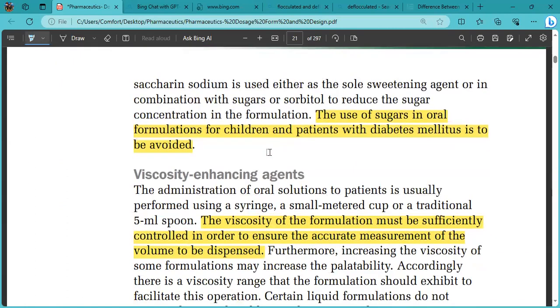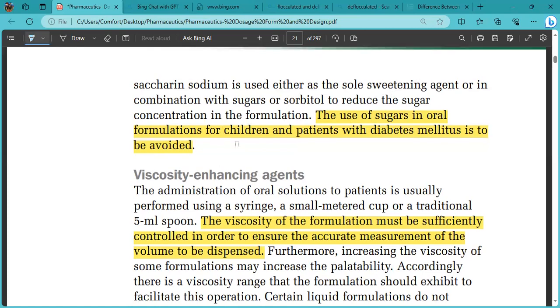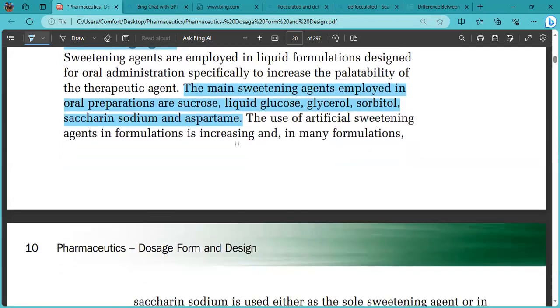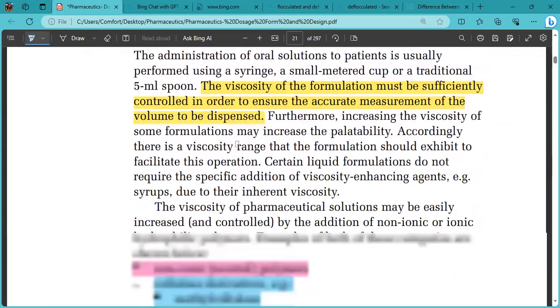The caution is that we tend to regulate the use of sugars in preparation of diabetic medication. So you have to either avoid them or put them in really low concentrations, or find alternatives to sweetening agents.